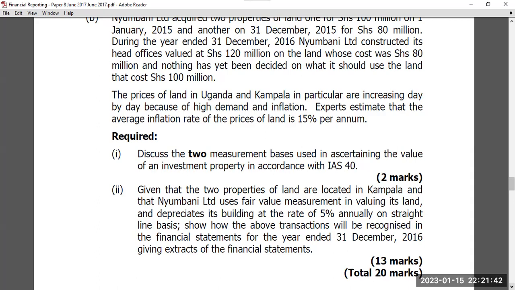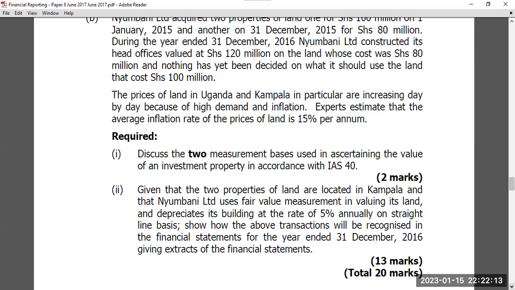And they are continuing to say that it depreciates its building at a rate of 5% annually on a straight line basis. Then they are saying, show how the above transactions will be recognized in the financial statements for the year ended 31st December 2016, giving extracts for the financial statements.